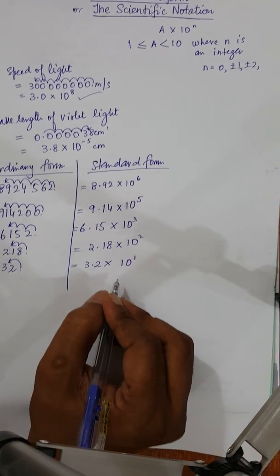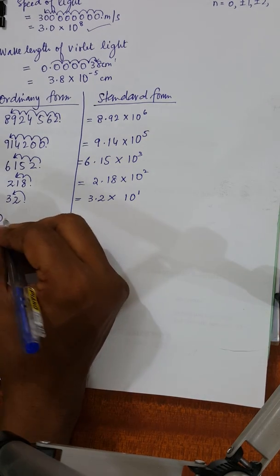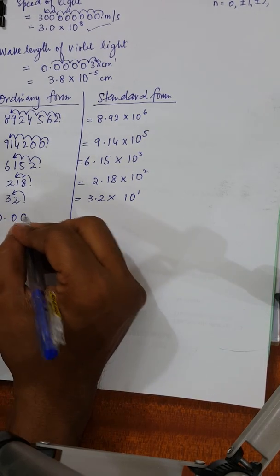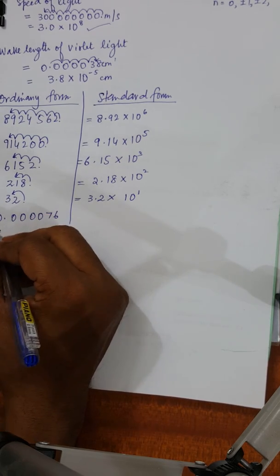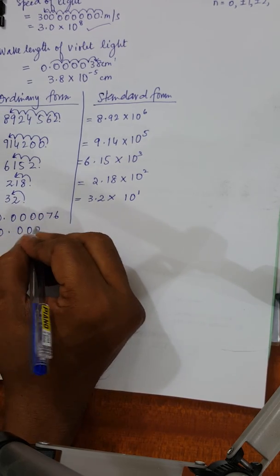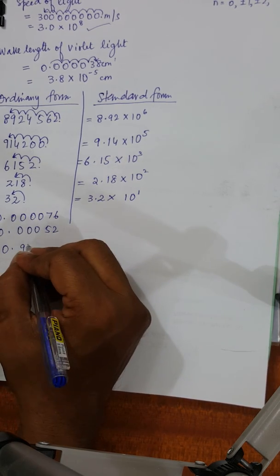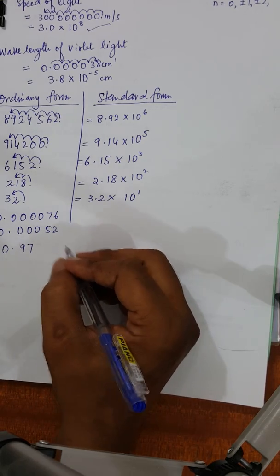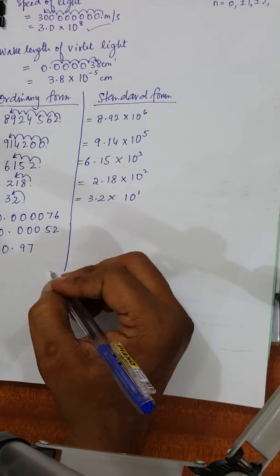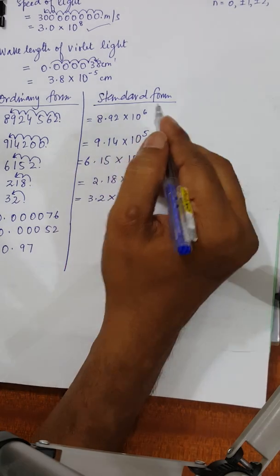Now what if we have small numbers like 0.0000076. Consider another example number, 0.00052. Consider another example, 0.97. Now, we need to express these ordinary form numbers in the standard form numbers.